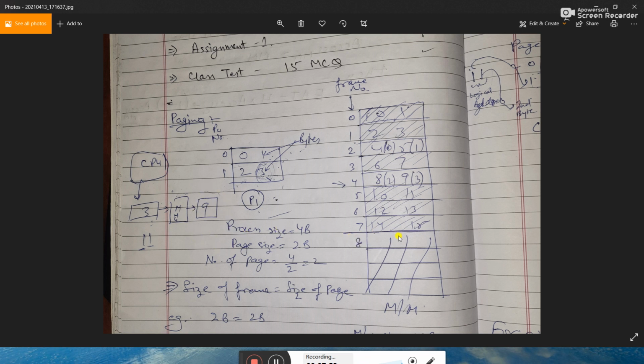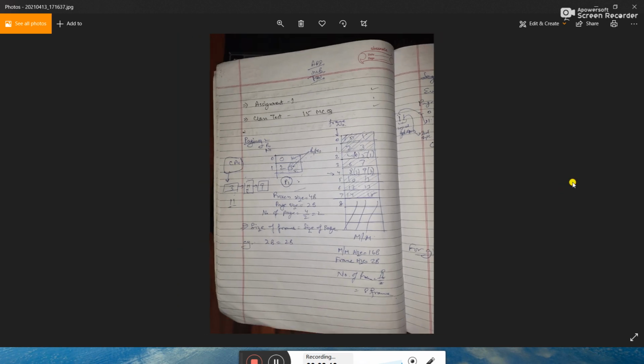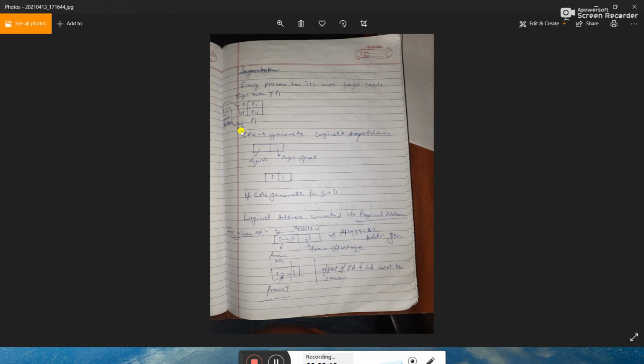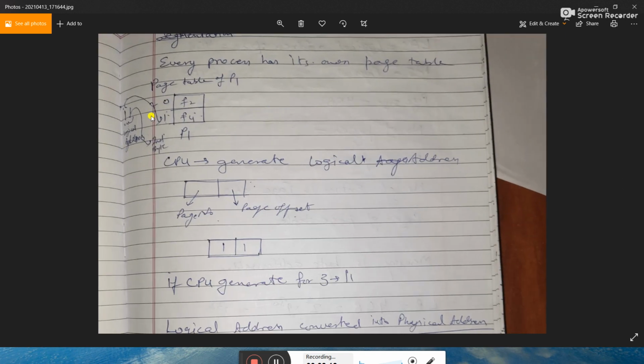Now see, I have just told you about the page table, and this page table is also stored in the main memory, right? It is not anywhere else, it is stored in main memory. So the page table basically works as a lookup table. If my CPU is generating 1 1, the first one is my page number and the other is my offset, right?